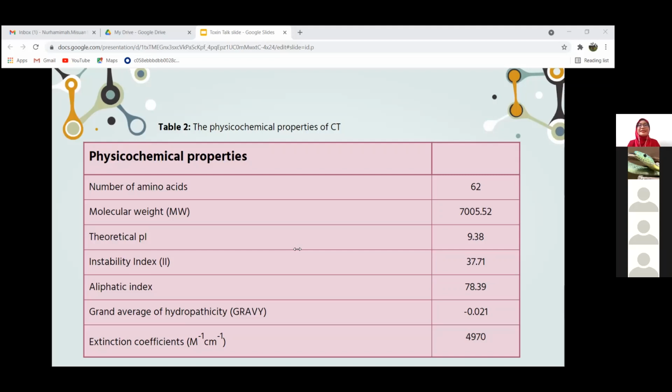So the EC of CT is considerably high, which is 4,970 per molar per centimeter, due to the presence of a high proportion of cysteine residues, which is 12.9%, and tyrosine residues, which is 4.8%, from all 62 amino acid residues in CT.